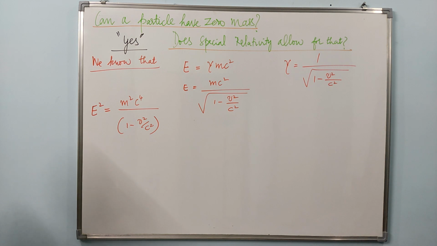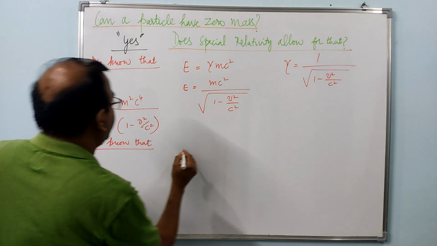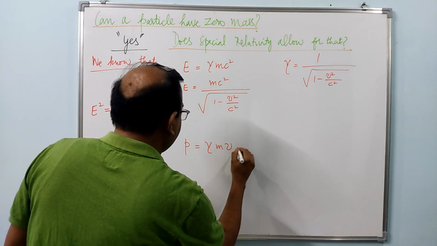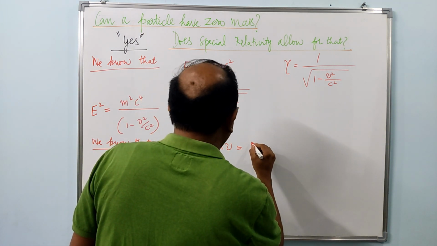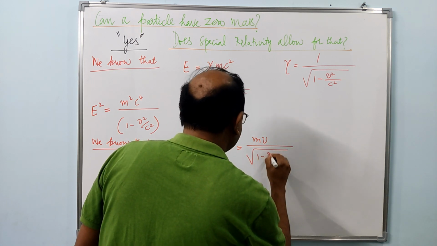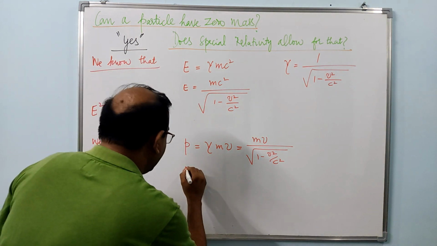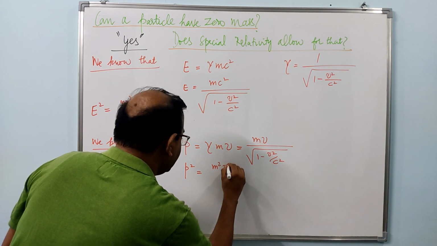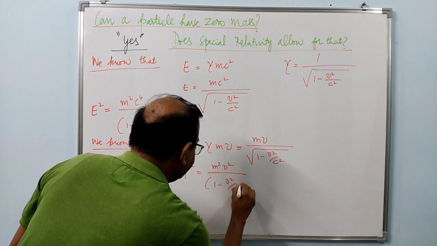In special relativity, we also know that the expression for momentum p is equal to gamma mv, which is equal to mv over square root of 1 minus v squared over c squared. So again, I take a square on both sides. So I get p squared is equal to m squared v squared over 1 minus v squared over c squared.